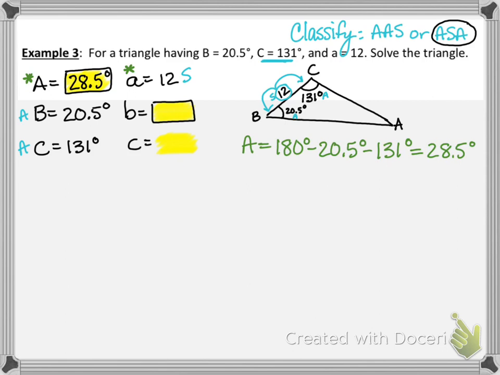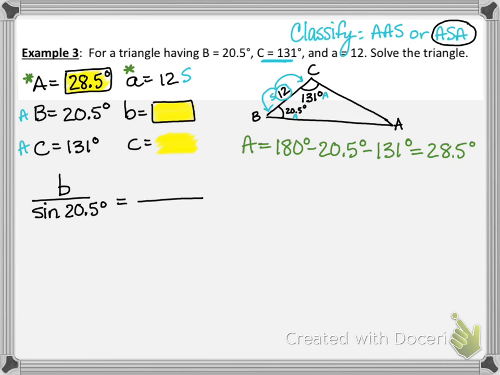So since I'm looking for B, I'm going to put little b in my numerator, over sine of capital B, because if you have a B in the top, you have to have a capital B in the bottom. So in this case, my capital B is 20.5 degrees, equals, and the fraction on the right-hand side is always going to be my starred pair.